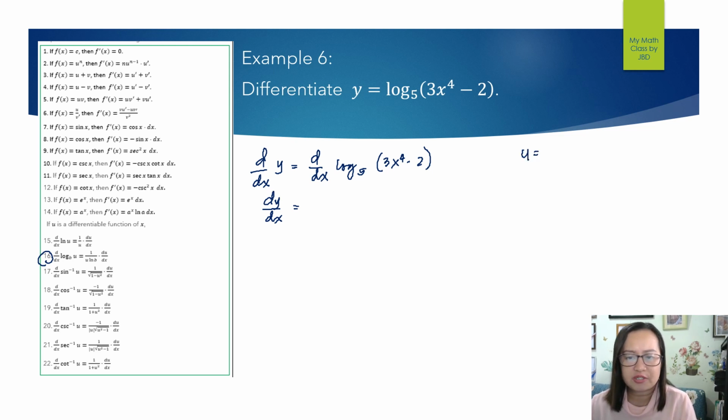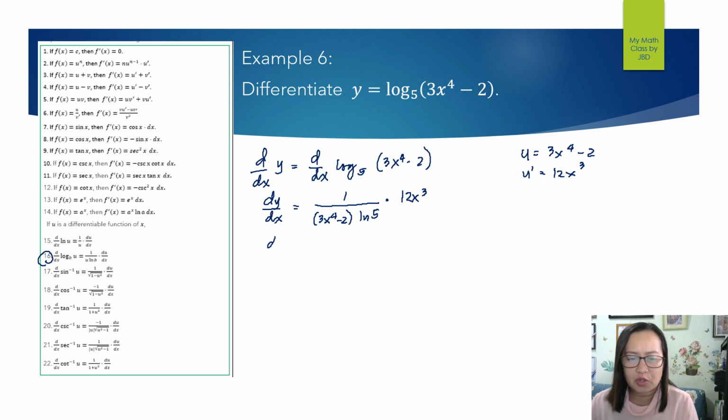We let u equal to 3x to the fourth power minus 2, and then u prime would be 12x cubed. Now, we follow the format for rule number 16, so we will have 1 over 3x to the fourth power minus 2 ln 5 times the derivative of u, which is 12x cubed.